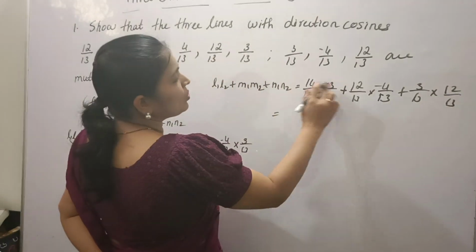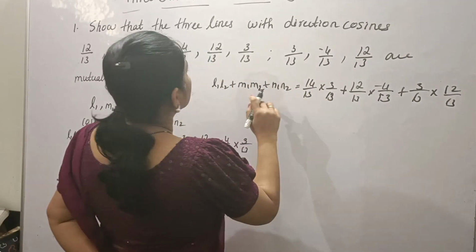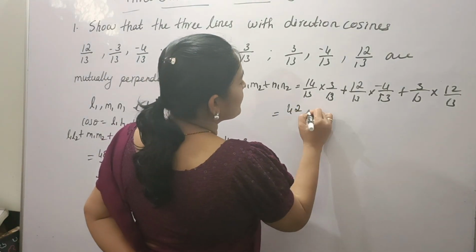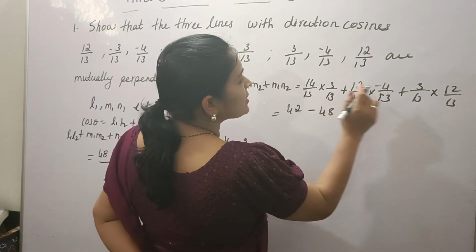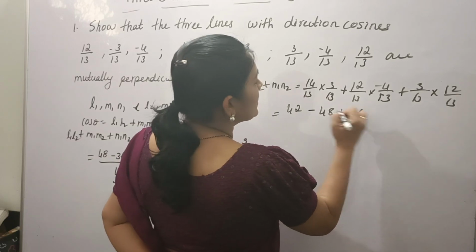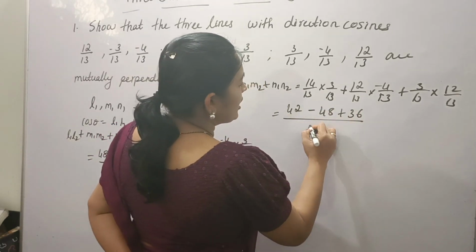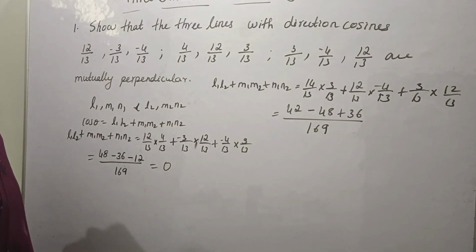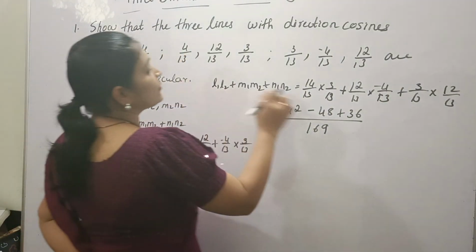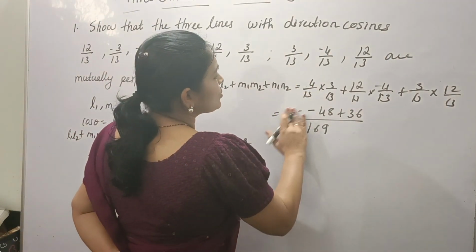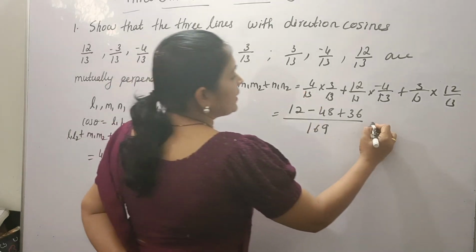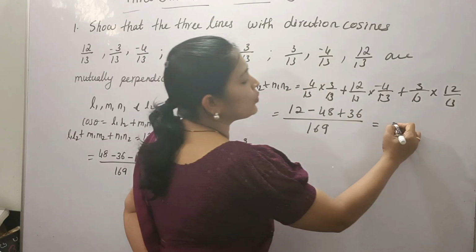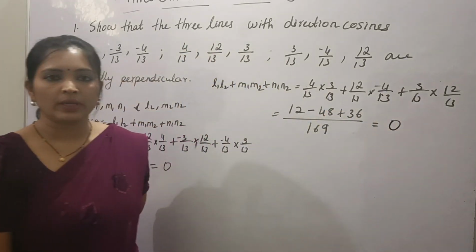That is equal to 12 minus 48 plus 36 divided by 169. So 12 plus 36 is 48, 48 minus 48, so it is also 0.